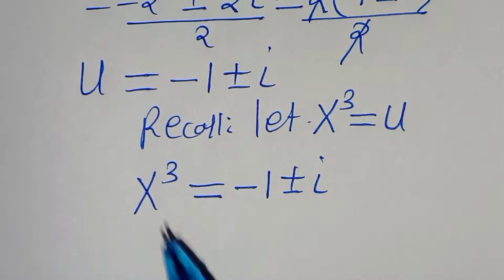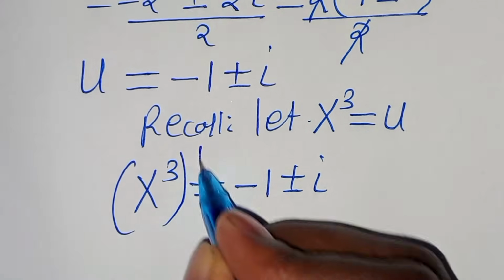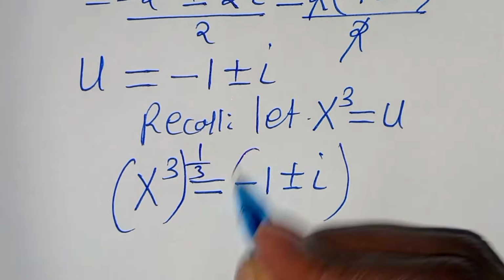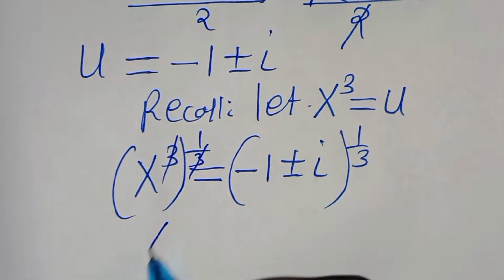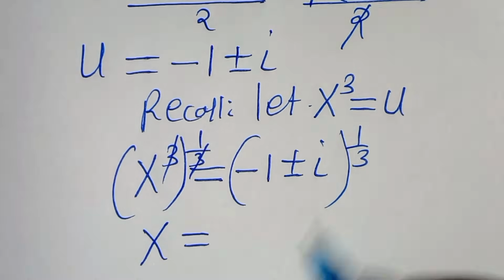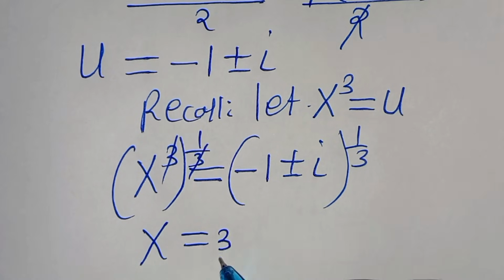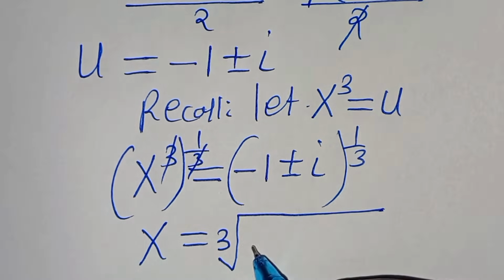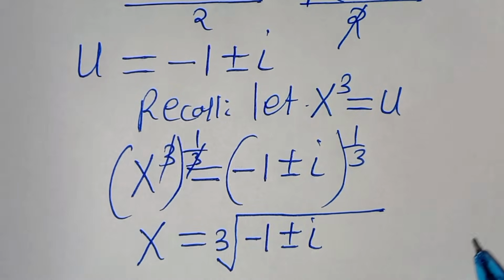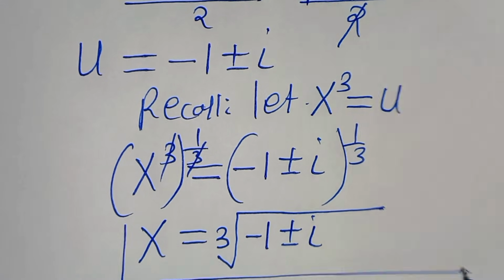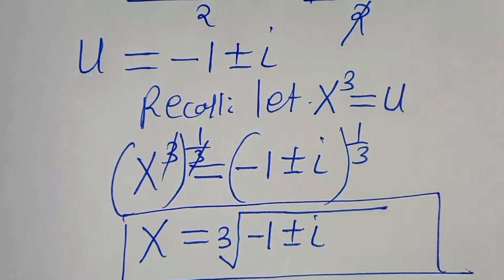Now to solve for the value of x here, let's raise to the power of 1 over 3 on both sides, so that we simplify here, and that means that x is equal to, now this is the same thing as the cube root of minus 1 plus or minus i. So these are the other values of x.